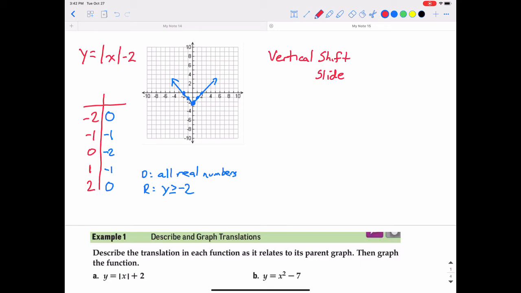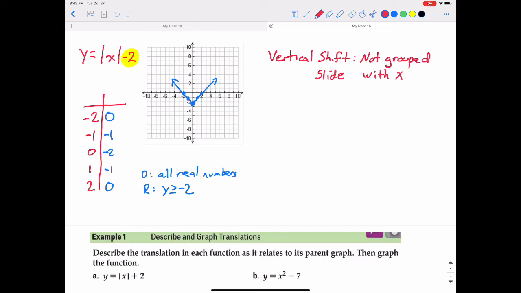So, whenever the number being added or subtracted is not grouped with the x. So notice that if you look at the equation, that minus 2 is not grouped with the x. Since it's not grouped with the x, it is going to be a vertical shift. So when it's not grouped with the x, that is going to be a vertical movement.